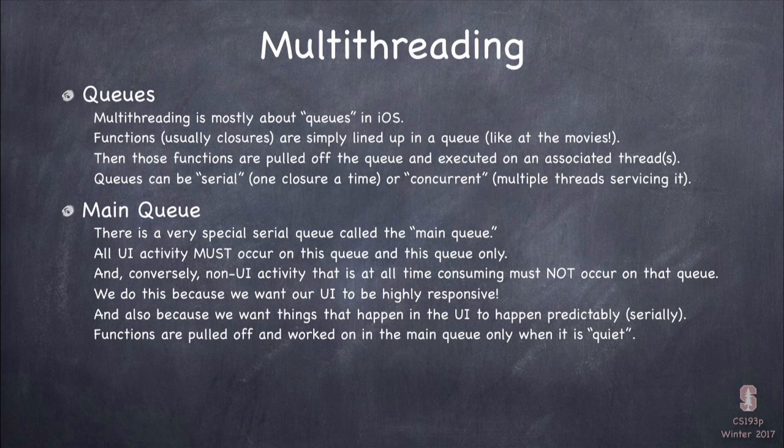Now, what's really great about the UI side of that is it makes it very predictable. You really don't have to get into a lot of the mind games of multi-threading, where it's like, is this thing waiting on this? Do I have to have a lock on this data resource? Because all the UI stuff is happening in the main queue, this is all happening serially. You never have to worry about two UI things accessing the same data structure at the same time because they're all just marching in line down this main queue.